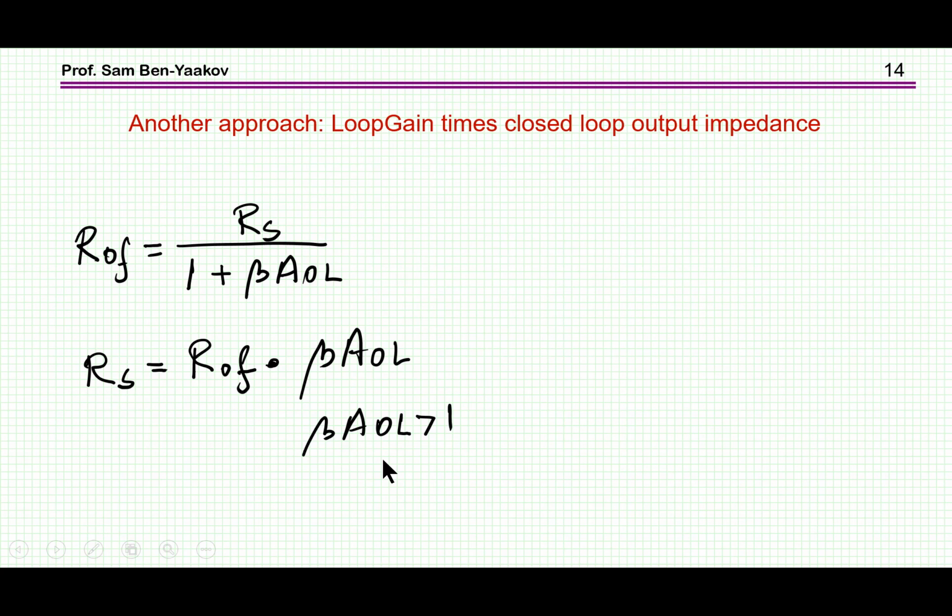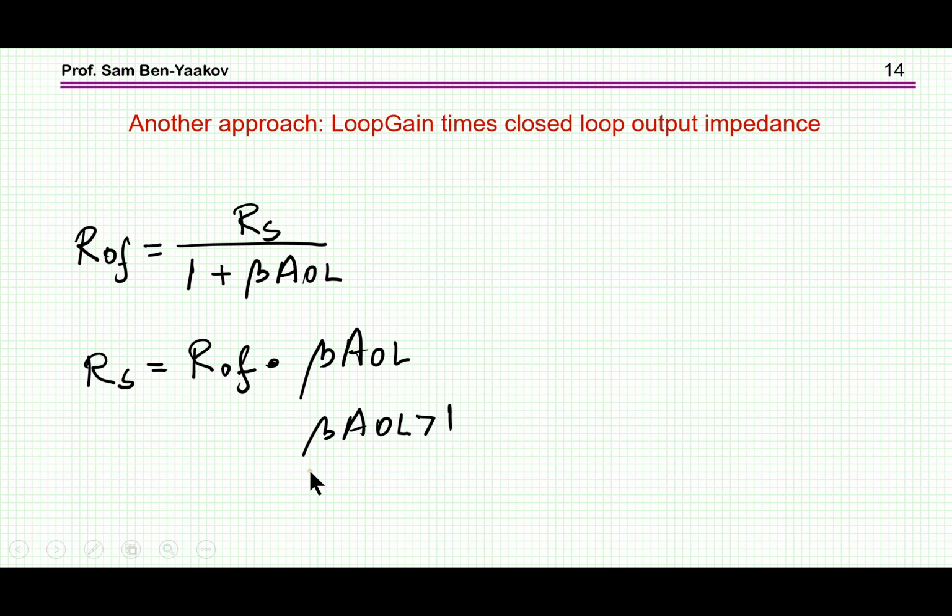Now let's have a look at another method, which is kind of neat. And here's the idea. We know that the output impedance with feedback is RS over 1 plus beta A open loop.